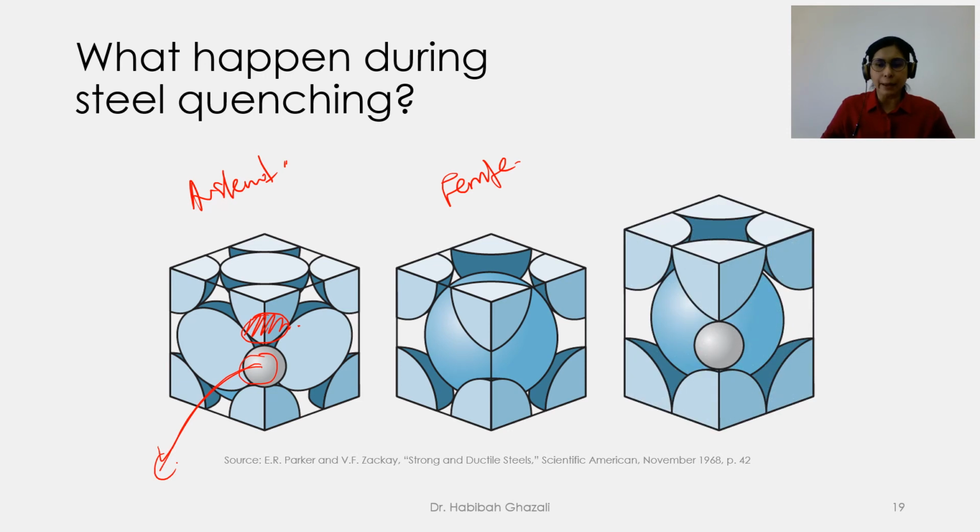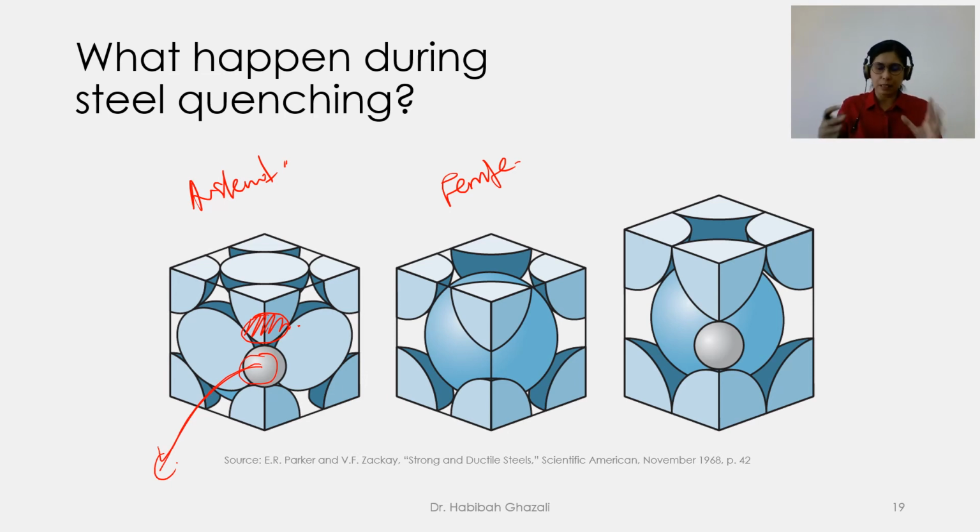However, if we rapidly cool it, the austenite FCC transformation to BCC transformation, what will happen is that the carbon atoms will not have time to diffuse out of the crystal structure. Instead, they will be trapped inside the BCC crystal structure and will expand the lattice parameter of that unit cell.